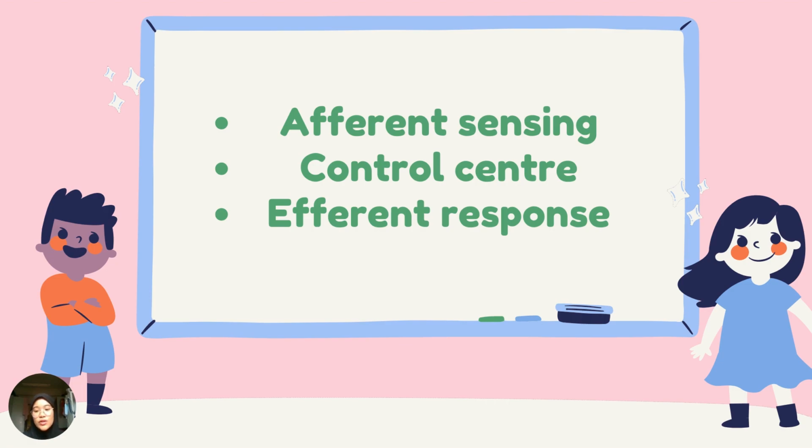Afferent sensing works through these receptors to determine if the body core temperature is too hot or too cold. The hypothalamus is the central controller of thermoregulation, while the efferent component is the response that is effected in body temperature. In an easy explanation, afferent sensing acts as the receptor, the control center acts as the hypothalamus, and the efferent response is the effector.